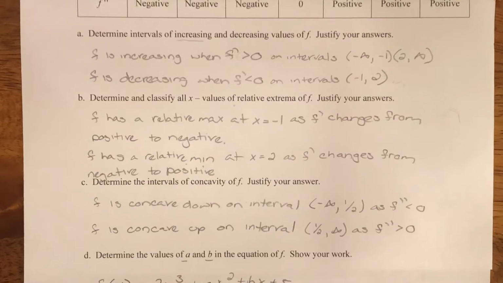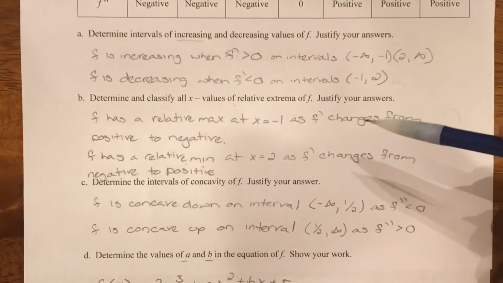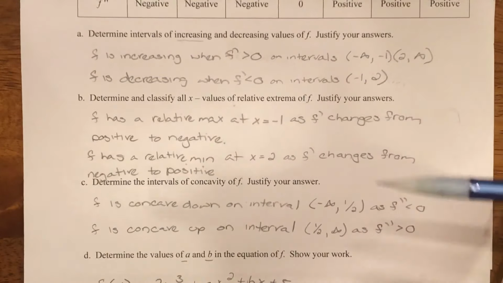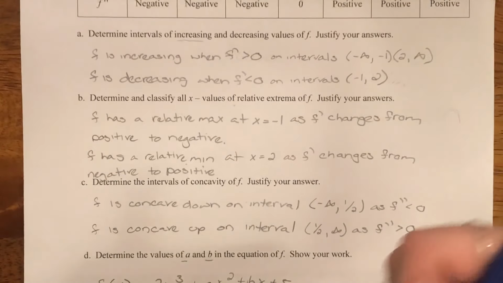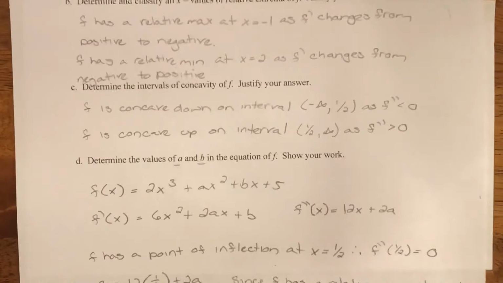I'm saying f has a relative max as f prime. Be really careful about your justifications that you're actually telling me which function. Don't just say the function, its derivative, it, anything like that, because we've got f, f prime, f double prime. Also, if there's a g or an h or something else involved in the problem, make sure that you say those specifically.